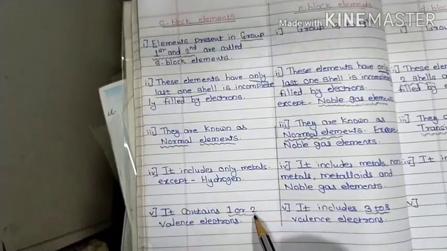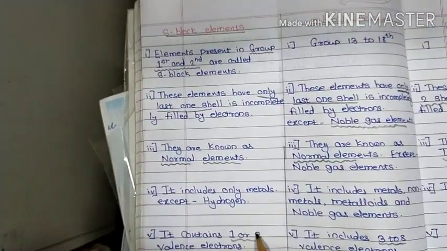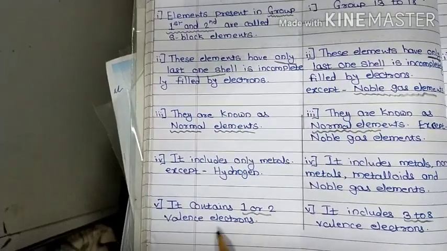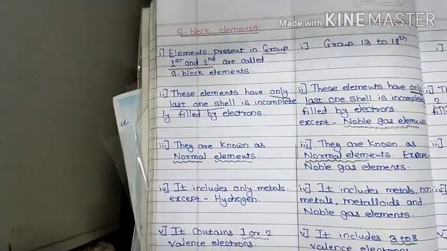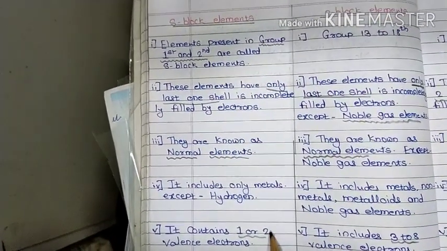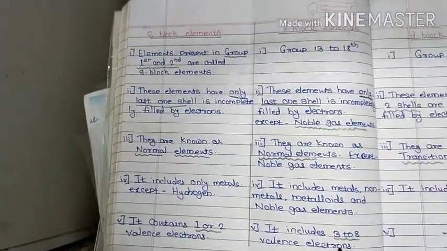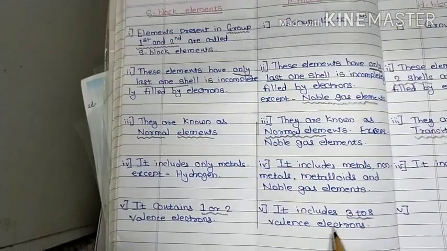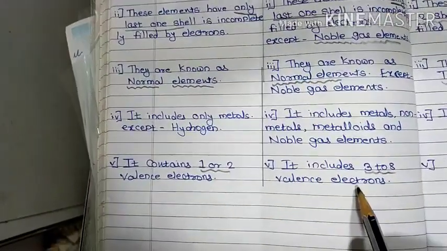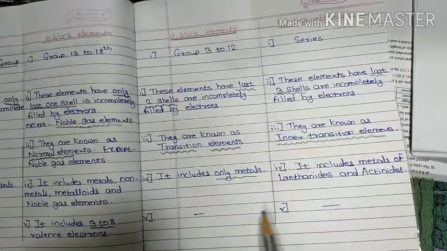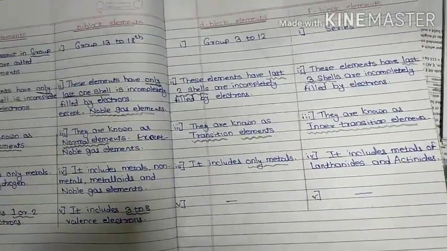Now for the fifth point, the S block elements have one or two valence electrons. Elements from P blocks contain 3 to 8 valence electrons. For the D and F blocks, we don't have a fifth point.